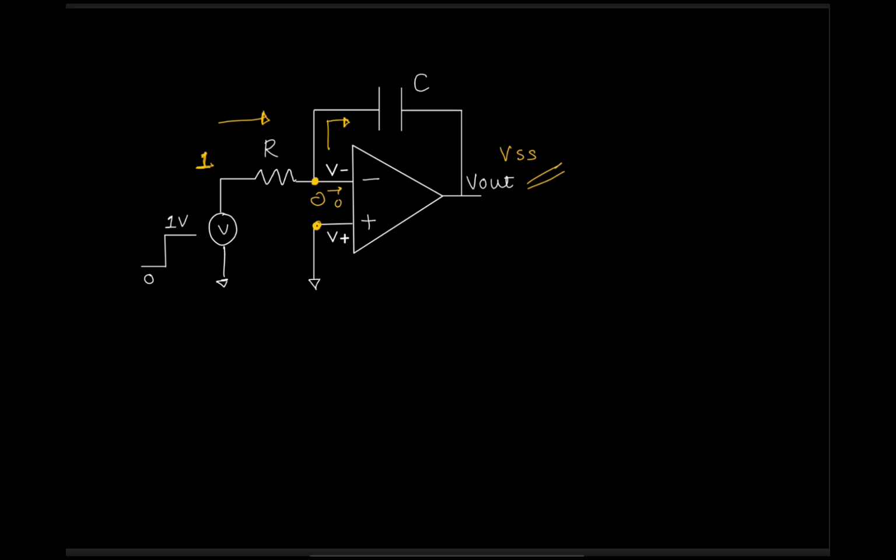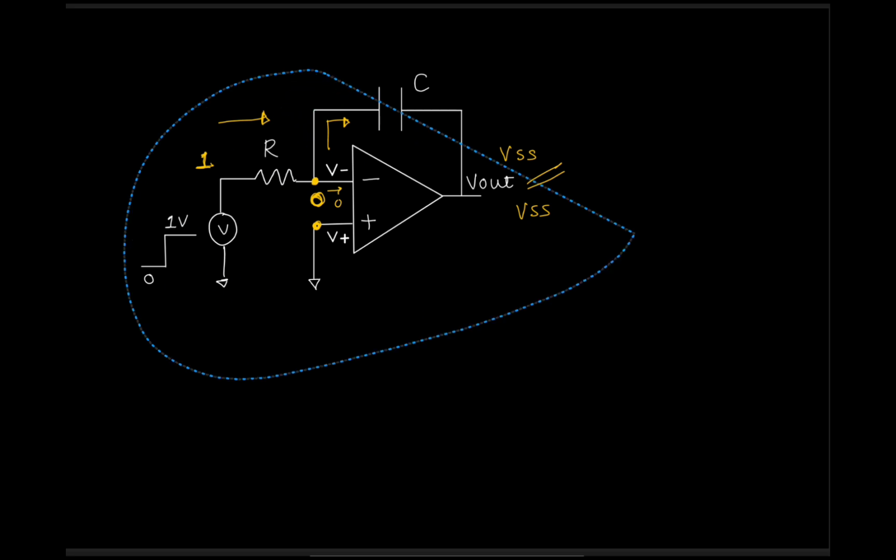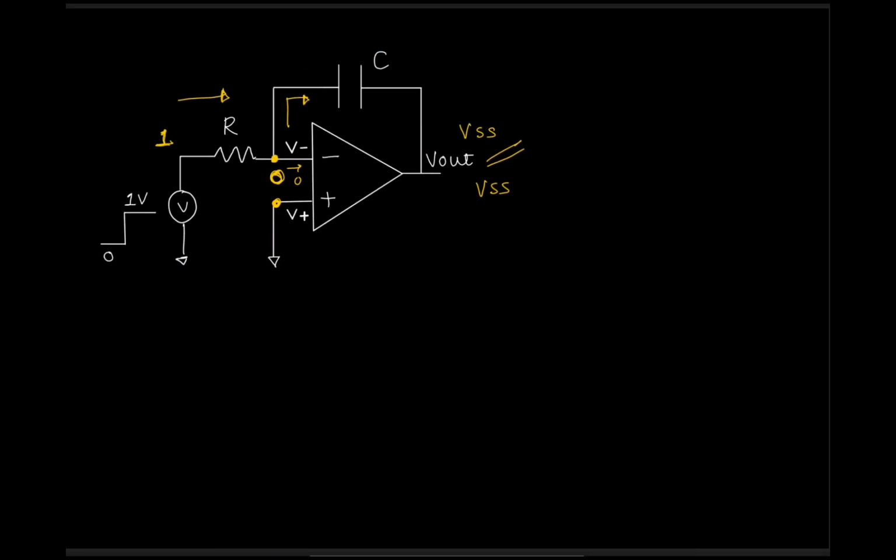So what will happen? This is fixed to 0, this is fixed to VSS. They asked me what will happen, because both of them are fixed. So where will that current go, and what will happen to the charging of the capacitor?